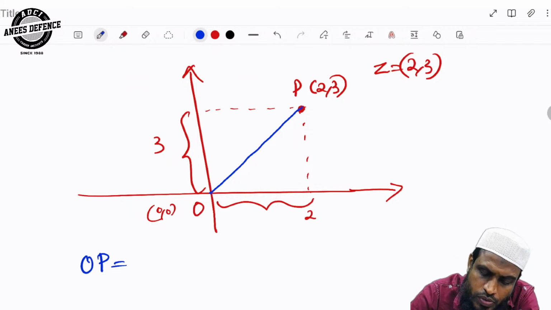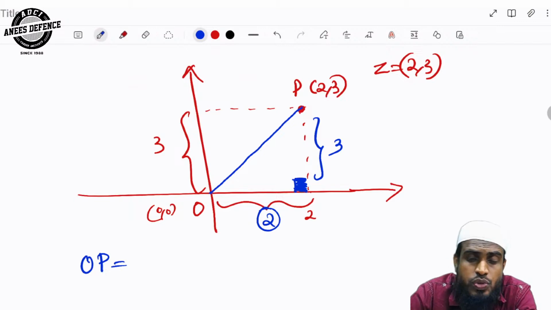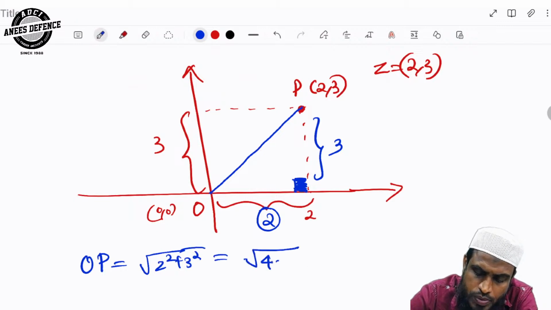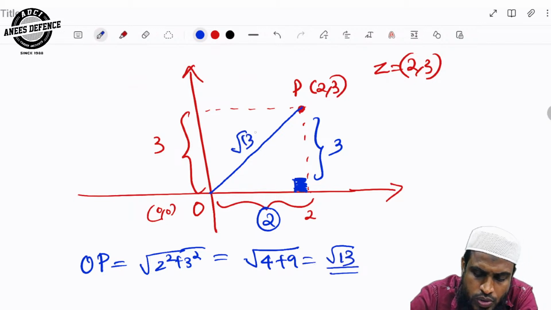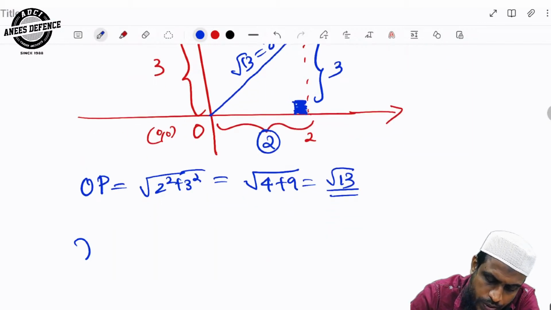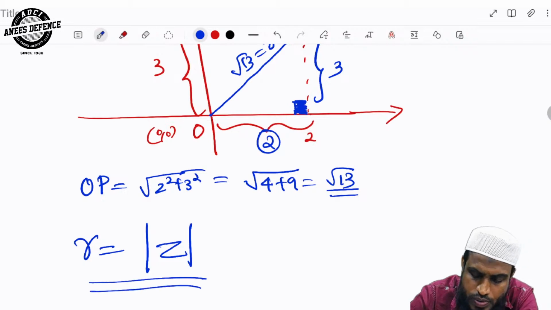Here you can see a right triangle. If this is 3 and this is 2, this forms a right triangle. By using the Pythagoras theorem, you can say that 2 square plus 3 square is equal to OP square. So you will be getting 4 plus 9, so OP is root 13. This can be represented as r, where r is equal to the modulus of z.